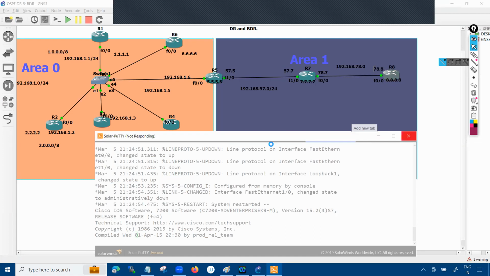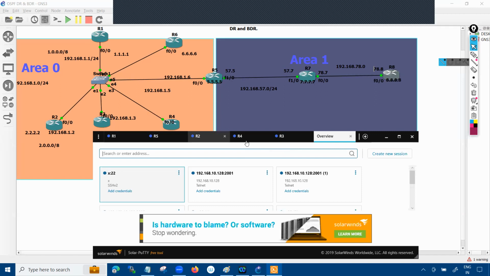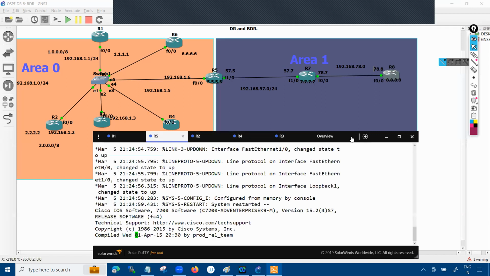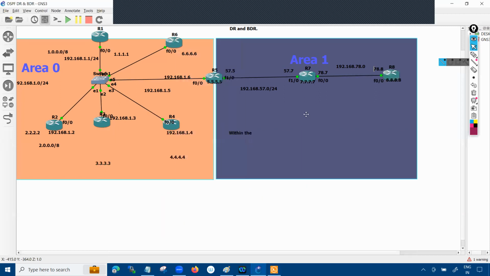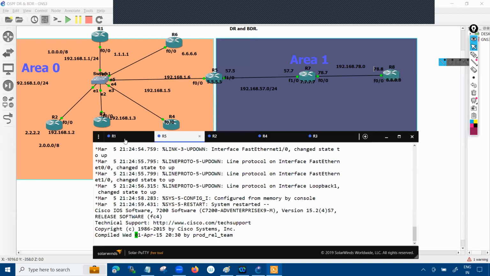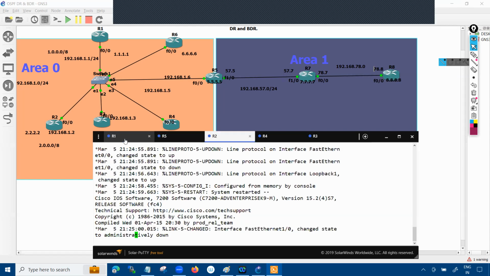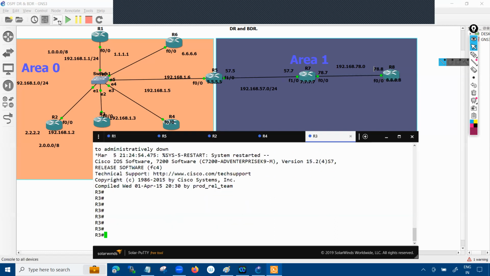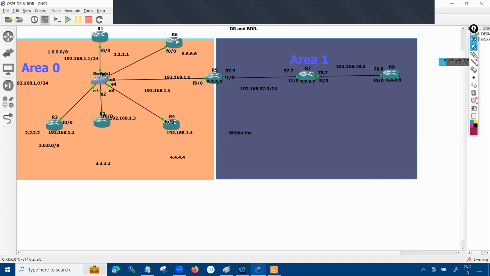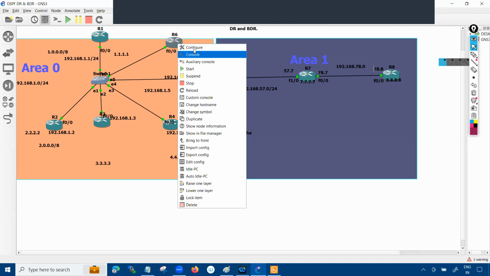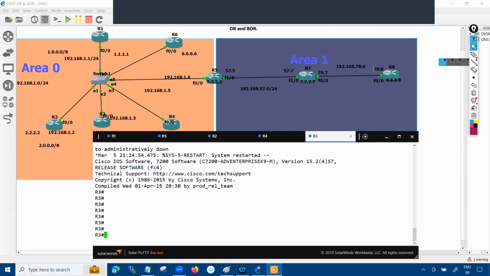Looks like there are some issues in my GNS3 now. I'm getting the console of this.